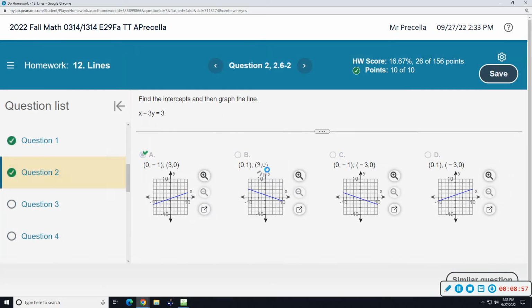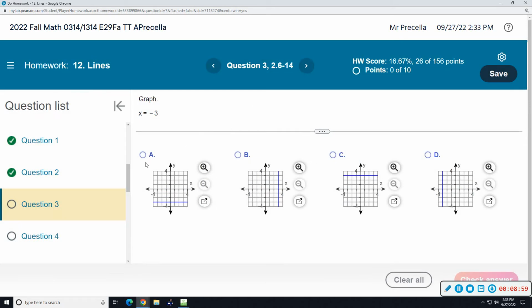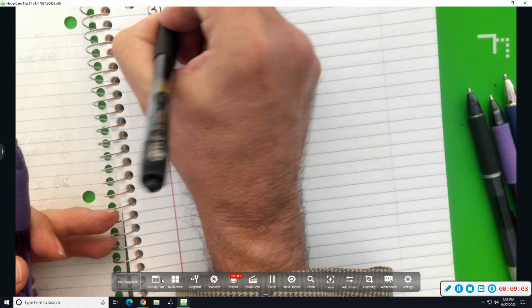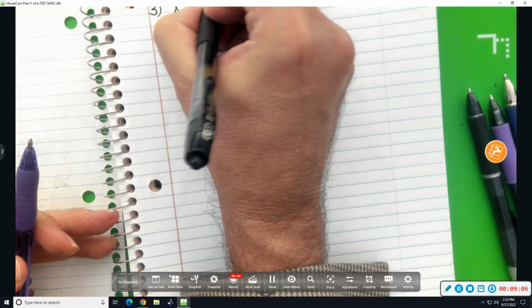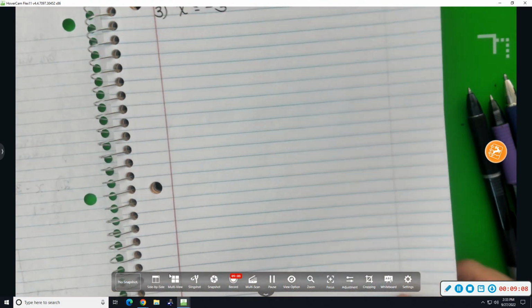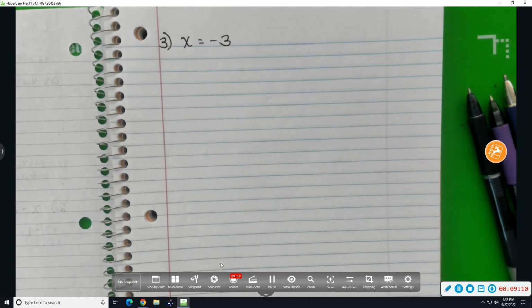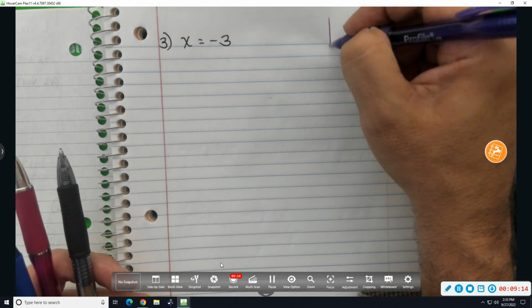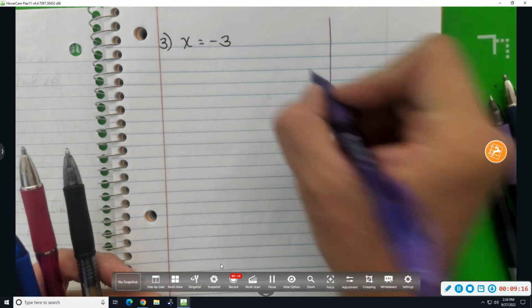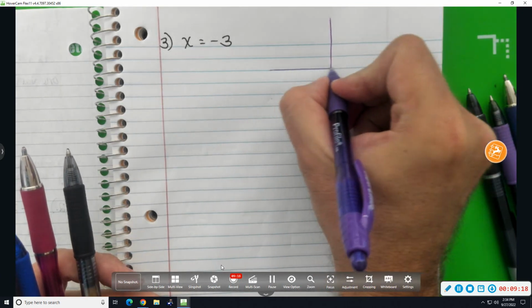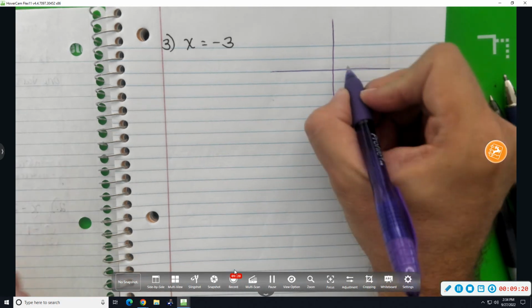Problem 3. Oh, this one looks hard. X equals negative 3. Pull down. Okay. What does it say to do on it? Graph it? Just graph it. Okay, just graph it. Well, so we know that there should be nothing crossing the x-axis. It's only going to be crossing the y. And because it's negative, it has to be below.